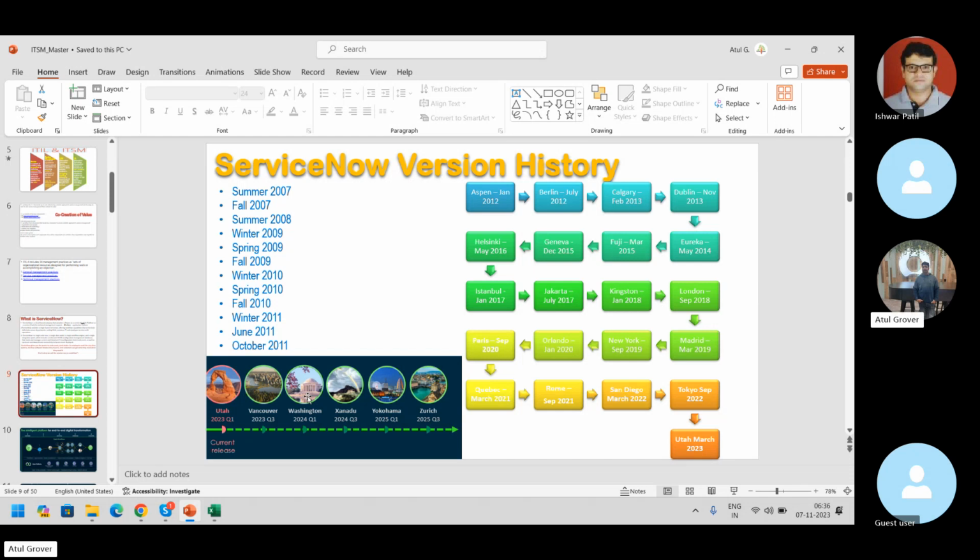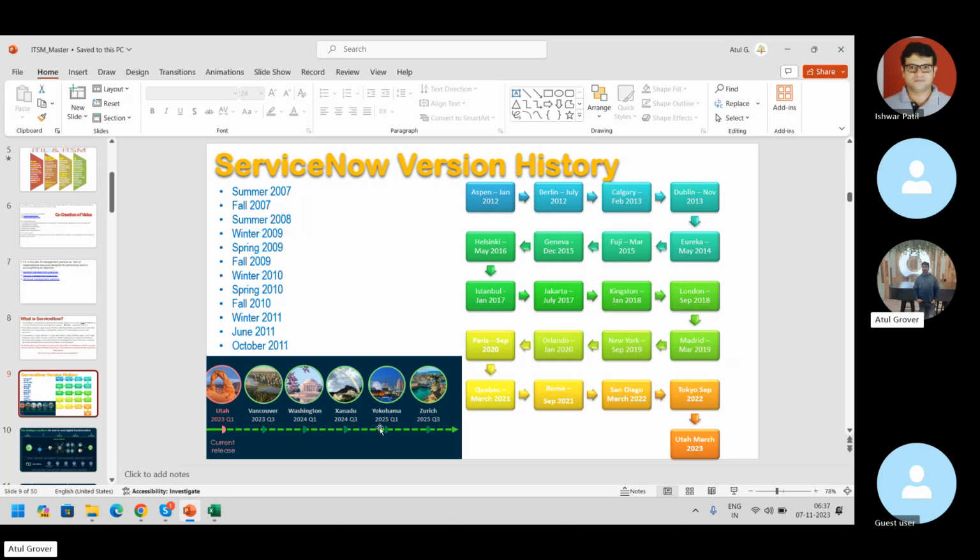It depends on you what the important factor is for you. And I see companies upgrade so that they can stay on top in the market. Hey, we are on the Vancouver release. Vancouver means, oh my God, you are using the latest product of ServiceNow. So it always depends on the customer, their need, their purpose, how mature they are in the ServiceNow domain, how long they've been using ServiceNow.